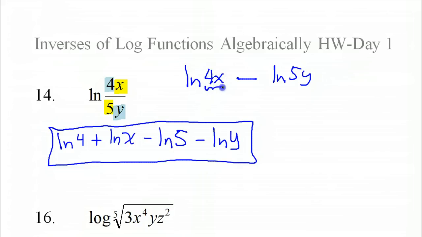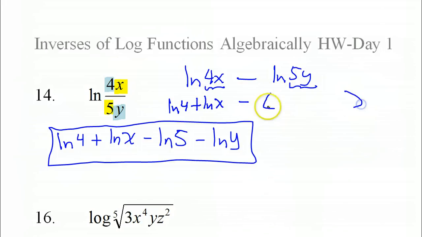So this has to go natural log 4 plus natural log x, so you have to split that up. And then this also has to be split up, natural log 5 plus natural log y. But then you have to remember to use parentheses and distribute, and then you get back to this again. But it's much easier just to go, okay, these 2 will be positive, and then these 2 will be negative. Make sure you have 4 terms.